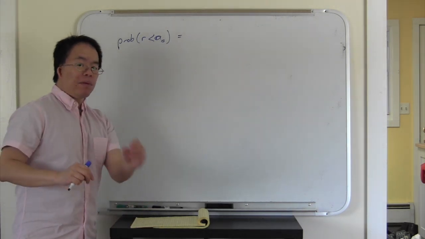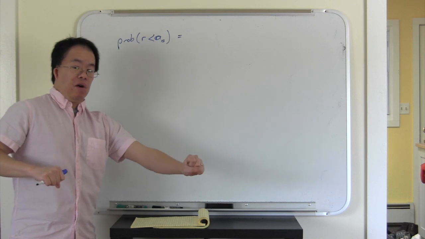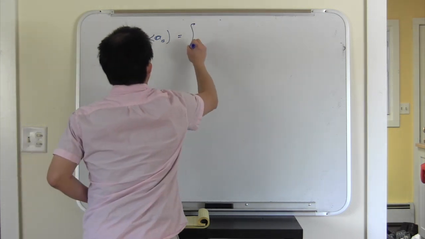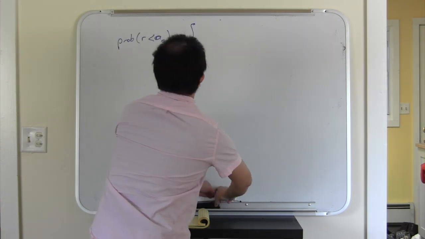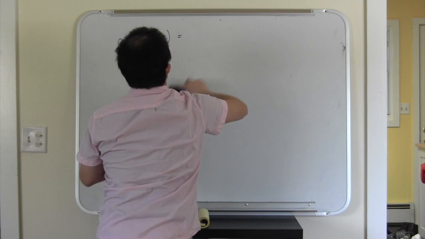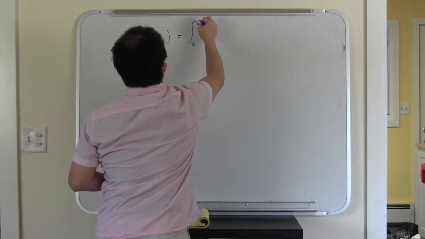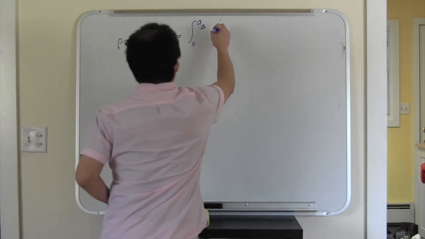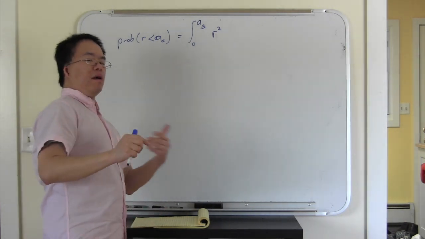I want to find the probability that my particle is anywhere between r equals 0 and r equals a Bohr, so that determines my limits of integration. I go from 0 to a Bohr, and then I integrate my radial probability density. I have r squared times the modulus squared of R n l.